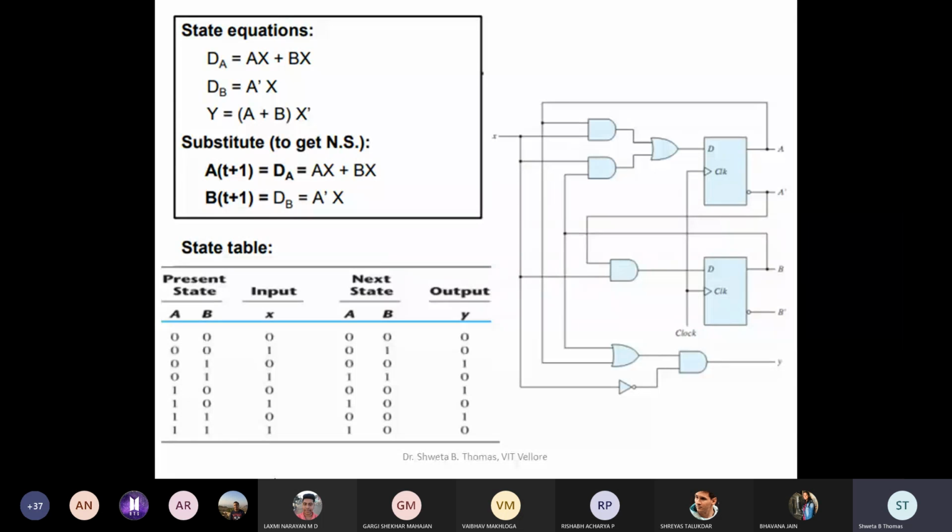Now for AB 0, 0 and input 0, what will be the next state? Just see the equations of the next state, A(t+1) and B(t+1). Substitute the values of A, B and X, and you will get the value of the next state, for X is equal to 0 and similarly for X is equal to 1, for all present states from 0, 0 to 1, 1.